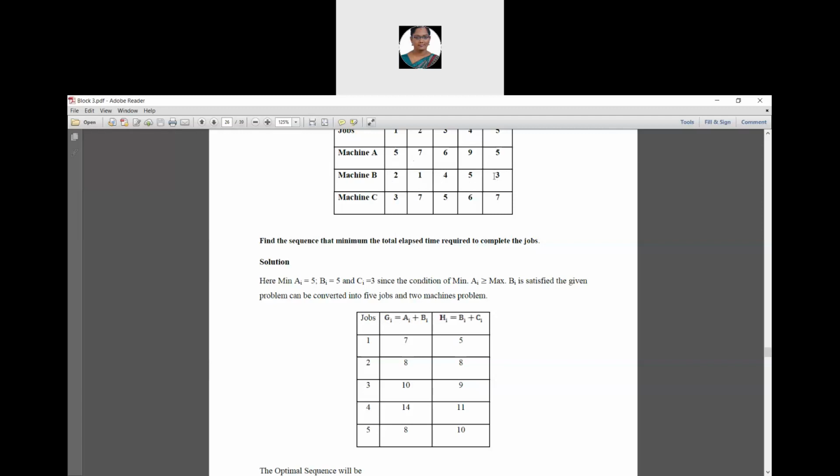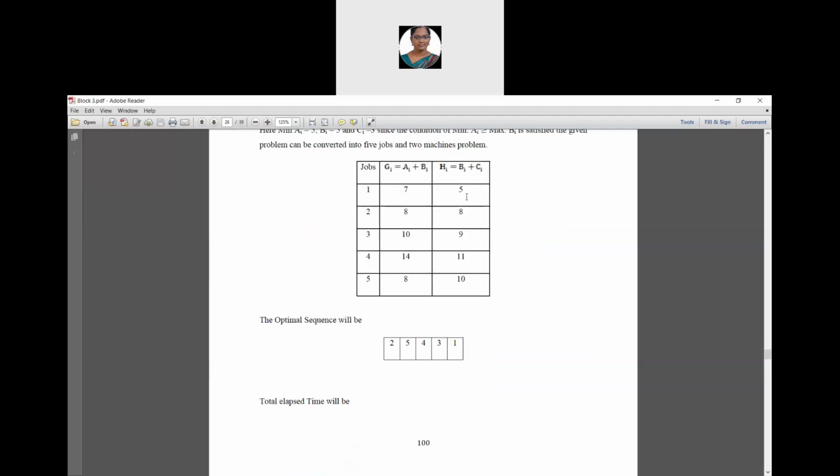And the third column H is calculated by adding the second machine and the third machine, that is B plus C. That is 2 plus 3 is 5, 1 plus 7 is 8, 4 plus 5 is 9, 5 plus 6 is 11, and 3 plus 7 is 10.